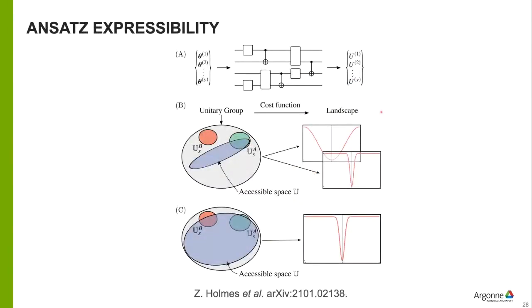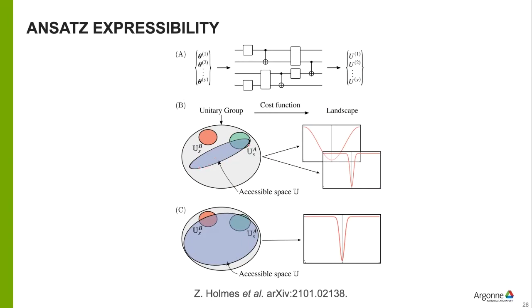So a couple of words about expressibility, that's related to the problems that this ansatz causes. Essentially, this blue ellipse is the space accessible by a certain unitary operator.